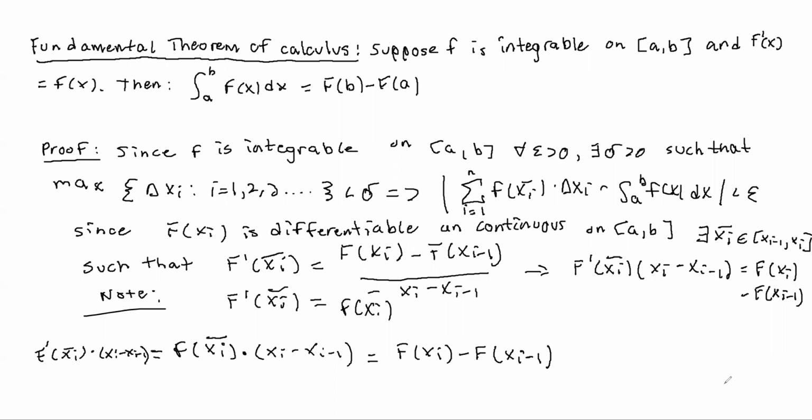So what that means is we have this sum here, f of xi bar times delta xi from 1 to n.